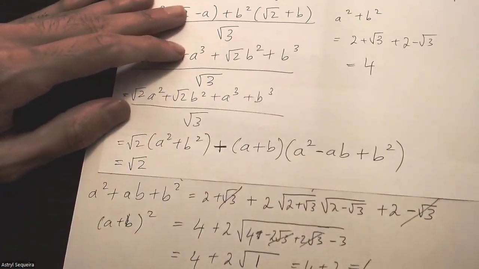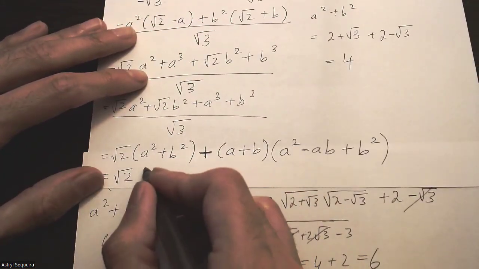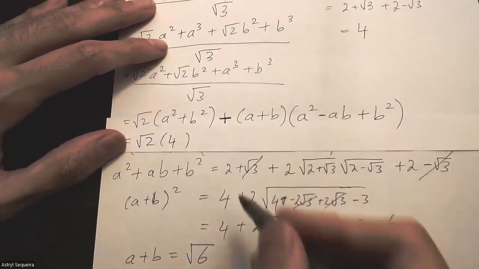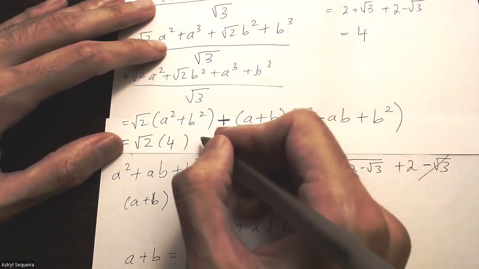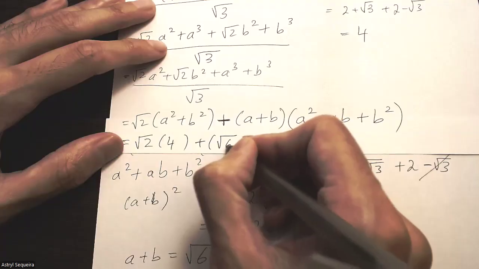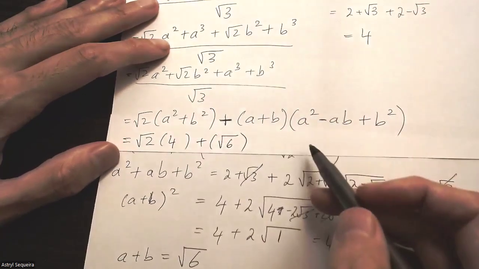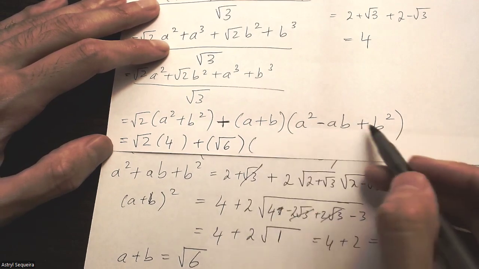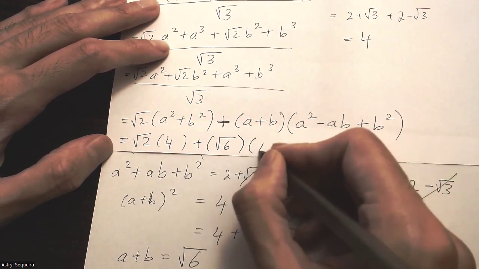So let's replace everything in this equation now. a squared plus b squared is 4. a plus b is root 6. And then a squared plus b squared, these two are just 4.